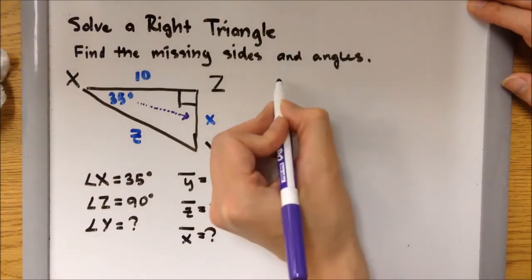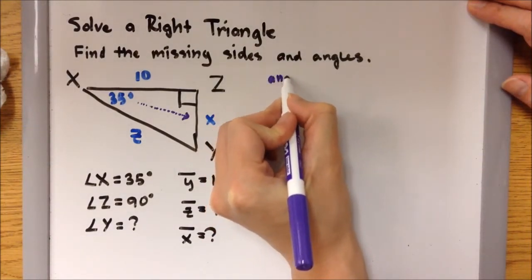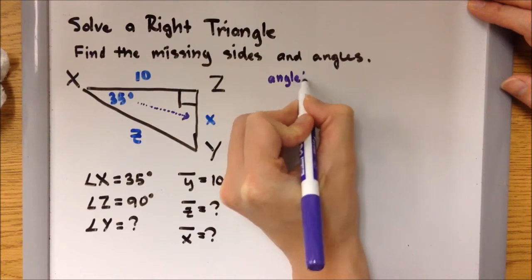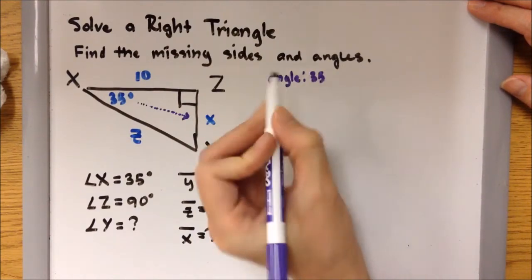So I'm going to use angle 35 degrees, and I'm writing small to save space.